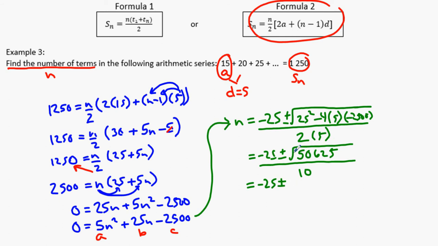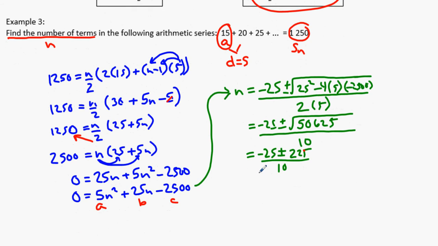By the way, this will always give you a whole number. Why? Because n has to be a whole number. So the square root of this is going to be 225. So I've got two cases here. Case 1, where I subtract, I get n is equal to negative 250 over 10, which is negative 25.